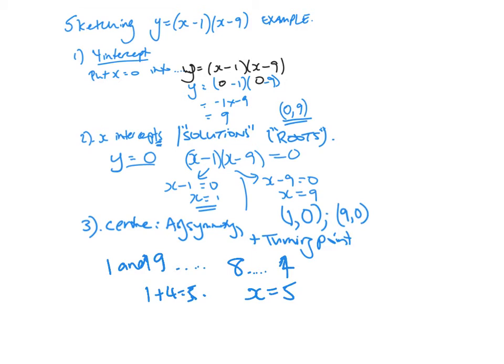Take this guy and put him into the equation. The equation (x minus 1)(x minus 9), just going to write the equation fully down. We know the x is 5.